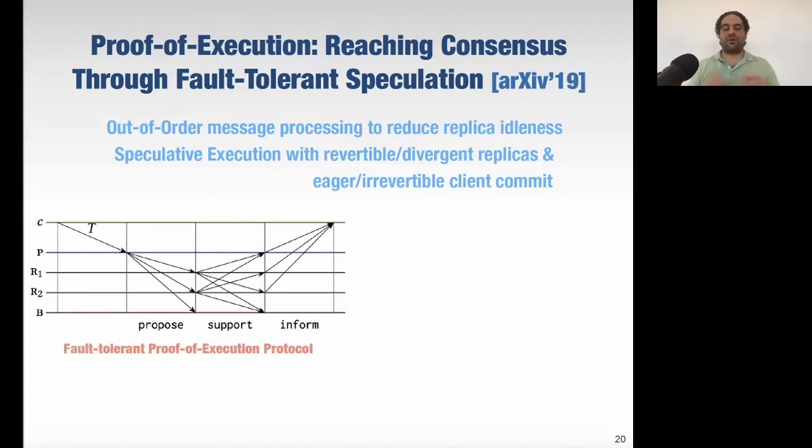Graphically showing this, a client issues a transaction, the primary, or the election commissioner, informs everybody to propose this transaction to be executed, and all the voters and replicas provide support and endorse this transaction.